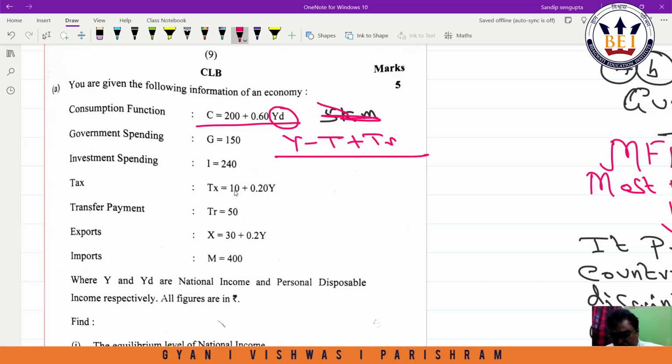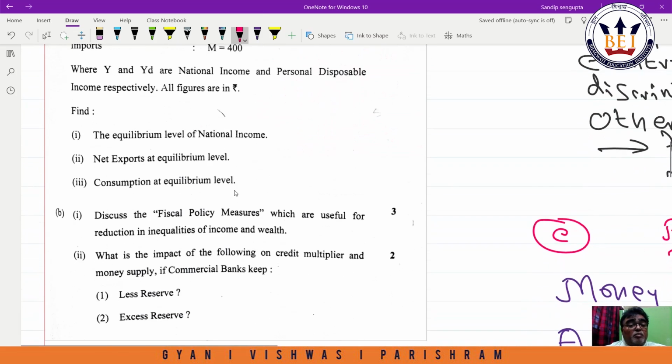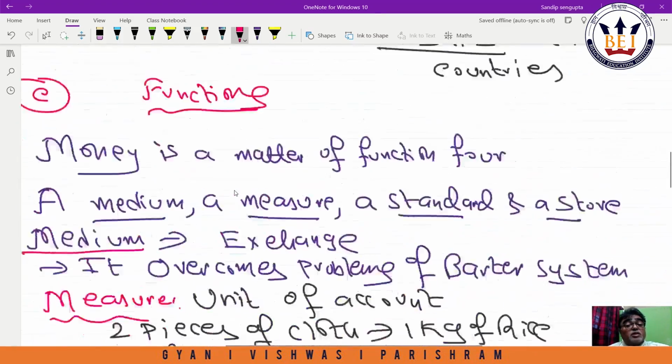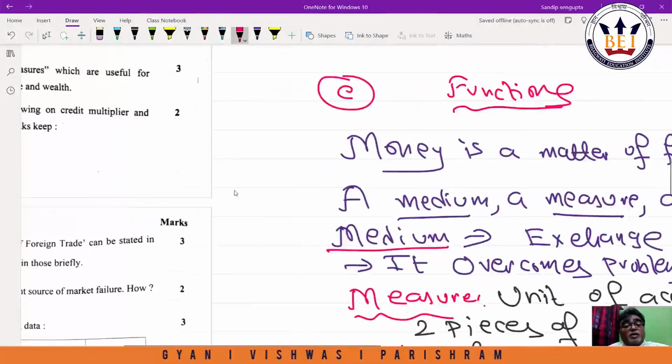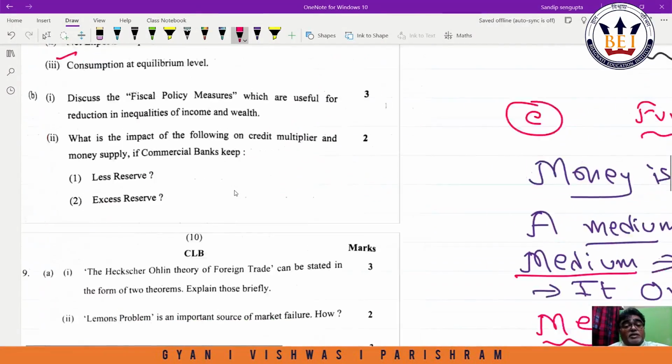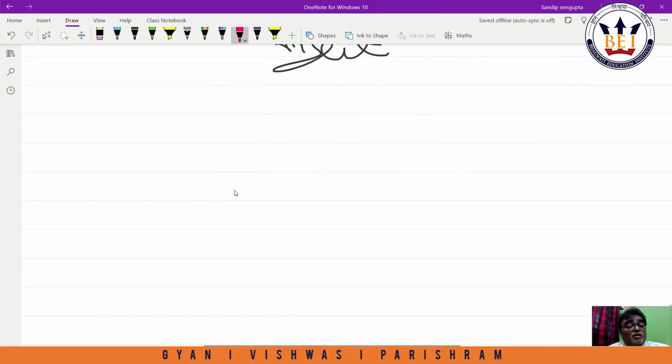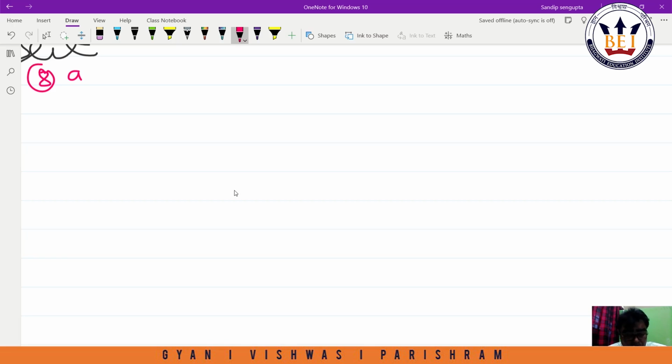My advice is, first we find out the disposable income part, then the answer should come out automatically. What they ask us to derive: equilibrium level of national income, net export, consumption at equilibrium level. One by one we'll find these out. It is number 8A. Careful.